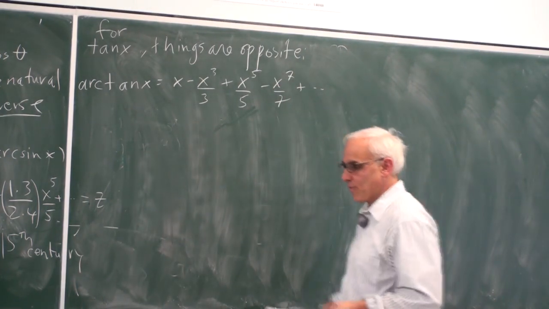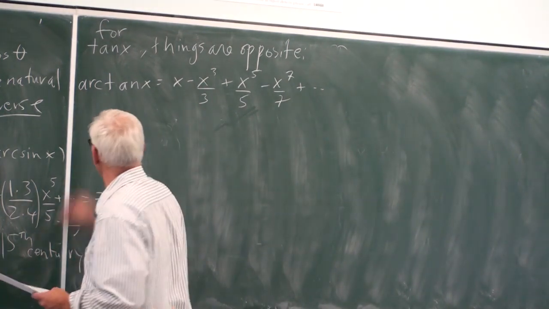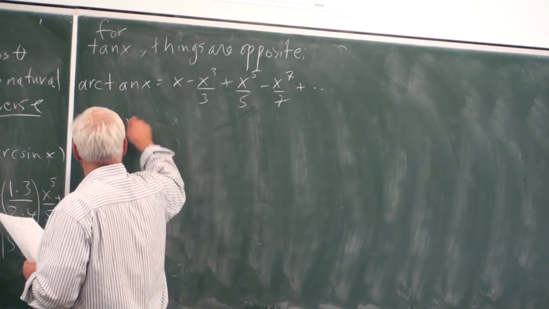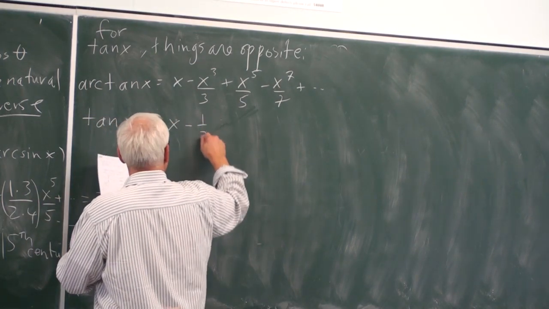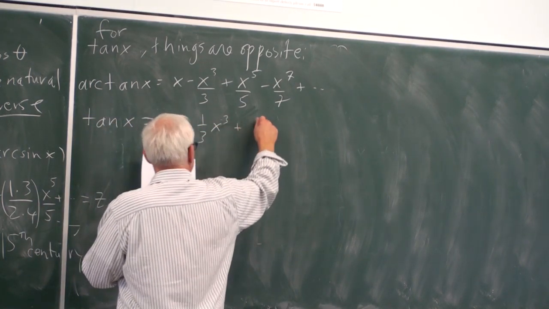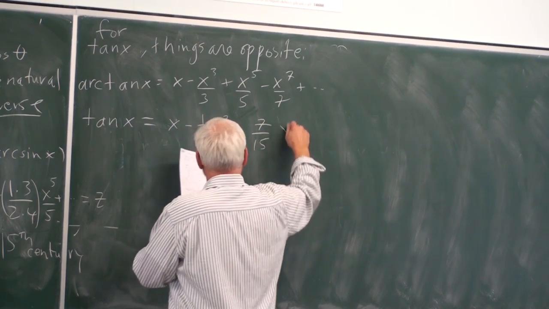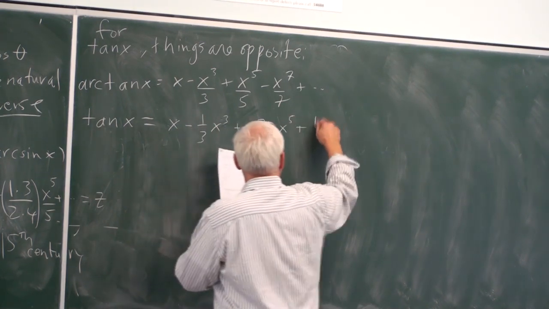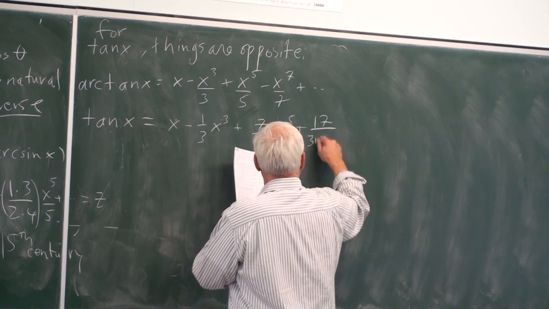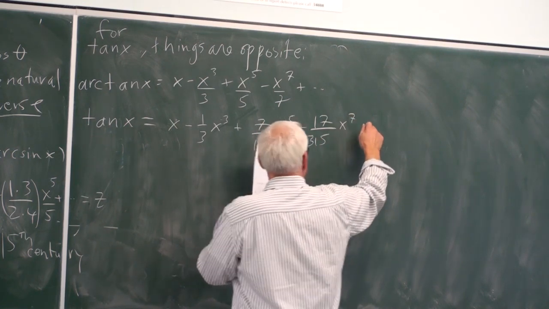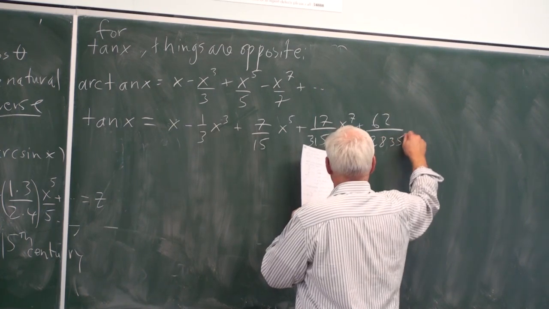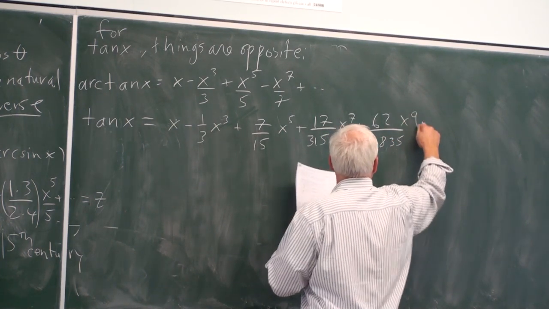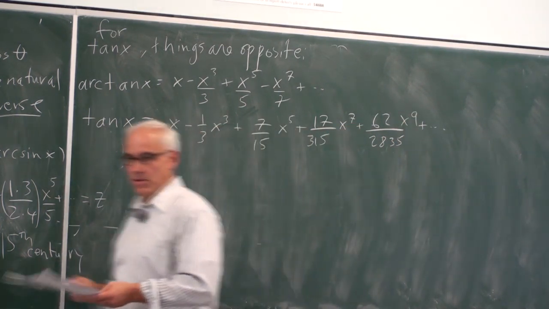And then the formula for the tan now is the harder one. So inverting that, you would get x minus 1/3 x cubed plus 7 over 15 x to the 5th plus 17 over 315 x to the 7 plus 62 over 2835 x to the 9 plus so on, whatever so on means.